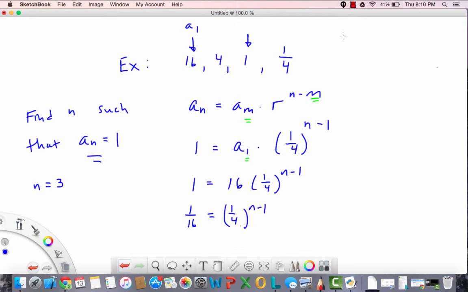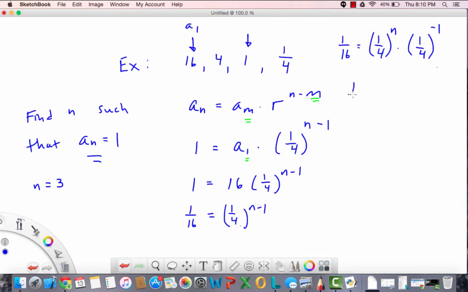Let's come up here. 1/16 equals 1/4 to the n times 1/4 to the negative 1. Now, how did I get this? I got this because when you multiply like bases, you add the exponents. So 1/4 to the n times 1/4 to the negative 1 is 1/4 to the n minus 1.